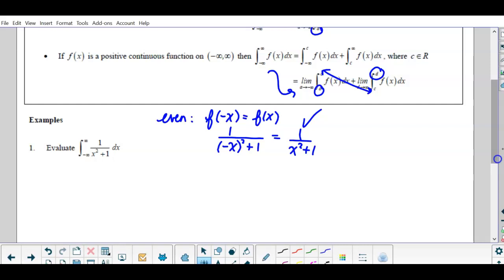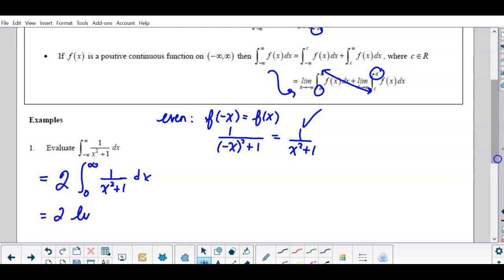So we can actually split this up into two parts, right? To the left of the y-axis and to the right, they're going to be equal. So we might as well go 2 times the integral from 0 to infinity. And then let's show this in proper form.